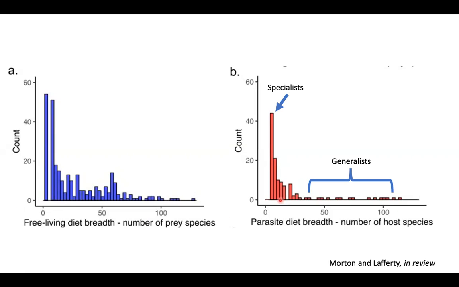And then on the right here are the parasites. We have a sort of similar shape, but there's a more slender tail, and there's this strong peak at 1. So these are all parasites that only have 1 host, and then you have another chunk that have 2. But you also see some parasites that have many different host species.